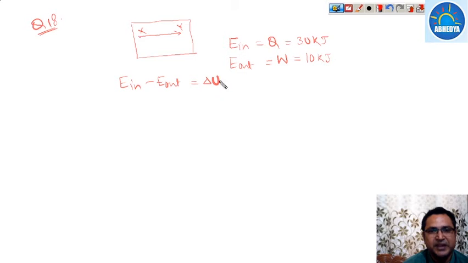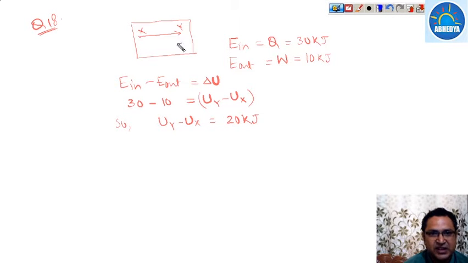That delta E may be taken as delta U because I am neglecting the kinetic and potential energy. So heat minus work is delta U. Delta U is final, that is Uy, minus initial Ux. So Uy minus Ux is nothing but 20 kilojoule.